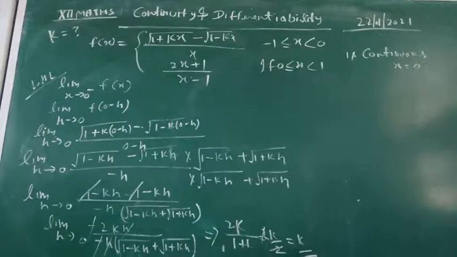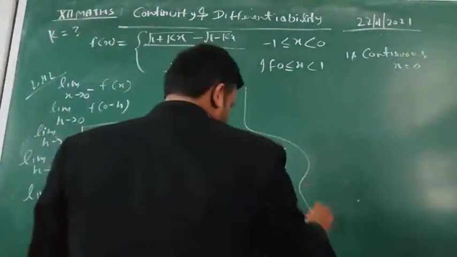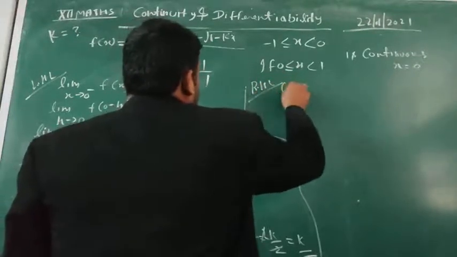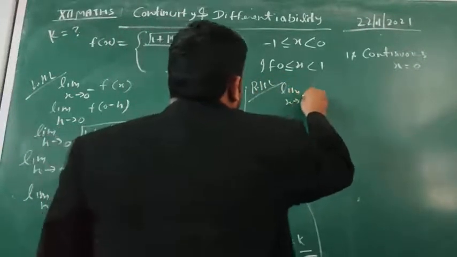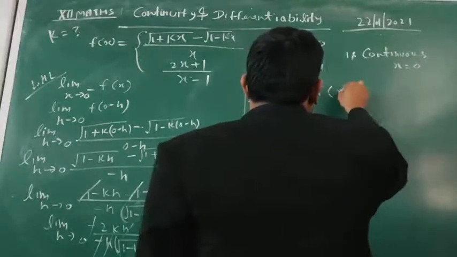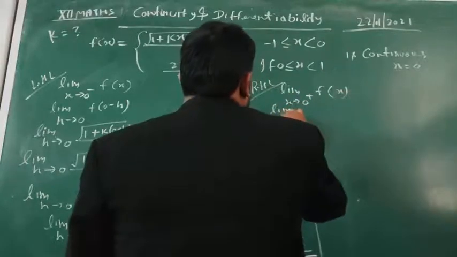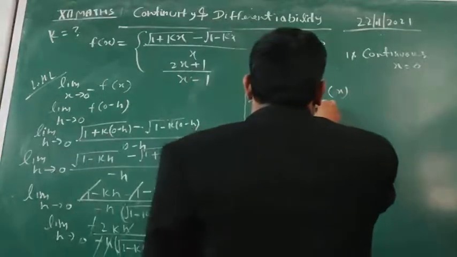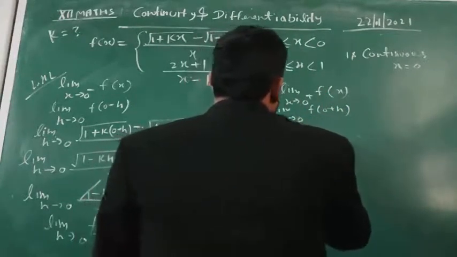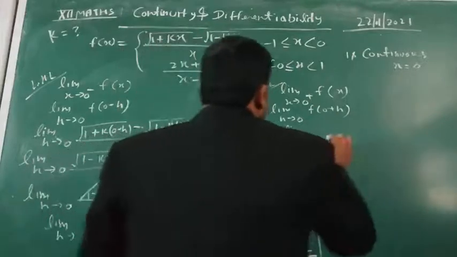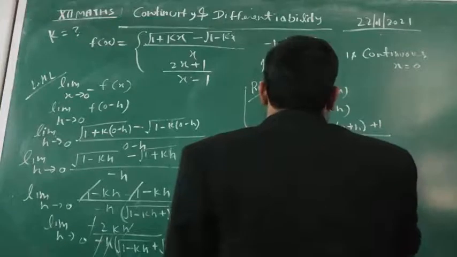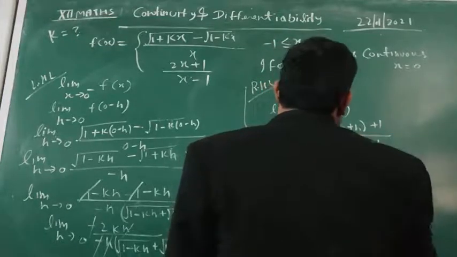Now we will find our right hand limit. So let's find the right hand limit. Right hand limit will be limit x tends to 0 plus f x. Now limit h tends to 0, f 0 plus h, we can write 2 into 0 plus h plus 1 by 0 plus h minus 1.